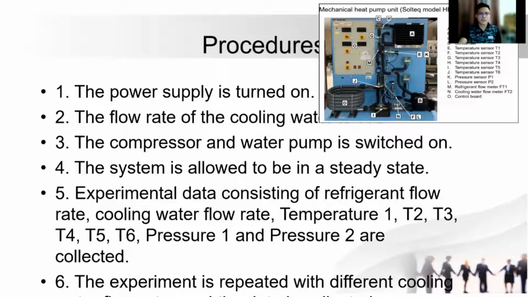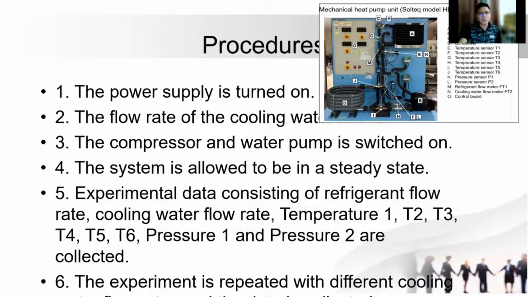So here are the procedures. First of all, switch on the power supply, and the flow rate of the cooling water is determined and controlled. The compressor and water pump are switched on. And number 4, the system is allowed to reach a steady state.